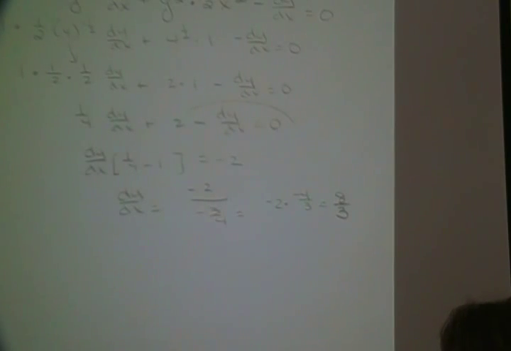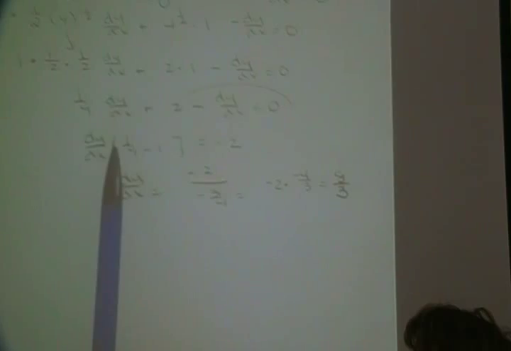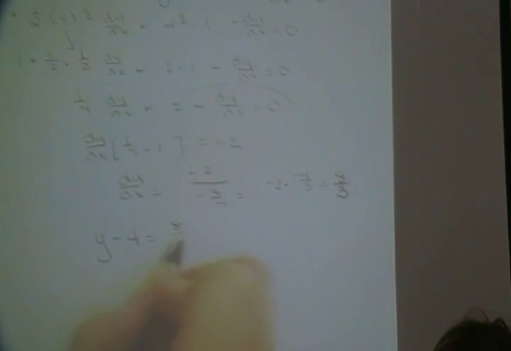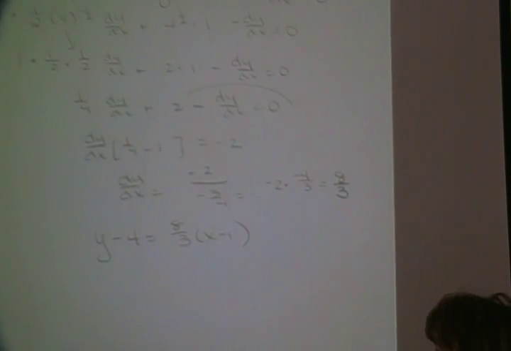That's my slope. So it's much easier to do this problem if you plug the numbers in rather than solving it in terms of x and y. So my equation is y minus 4 equals 8/3 times (x minus 1). And that's how you handle the equation of a tangent line. You use dy/dx to get the slope and plug it in.